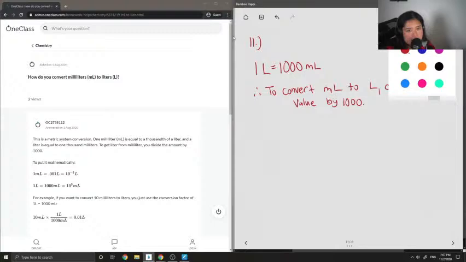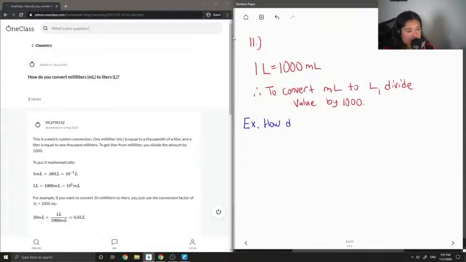Okay, so since this question was kind of short, I'll just give an example. So let's say, how do you convert 50 milliliters to liters?